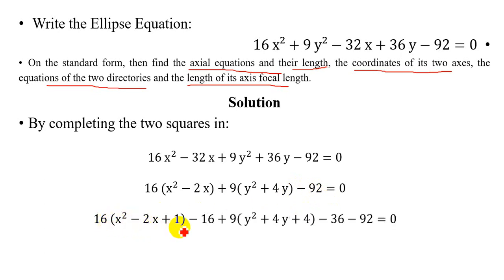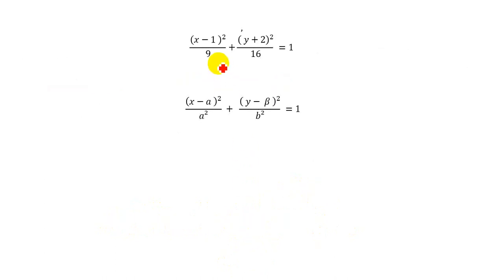We can work with that one like that, and now our equation is like this. So dividing by 144, this will be our equation, exactly similar to what we had before.